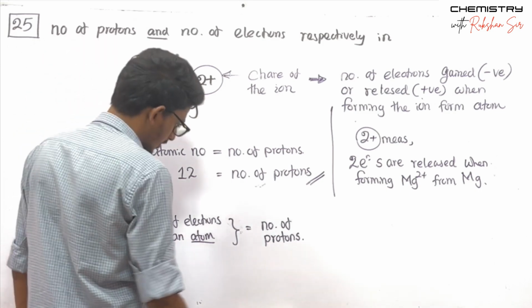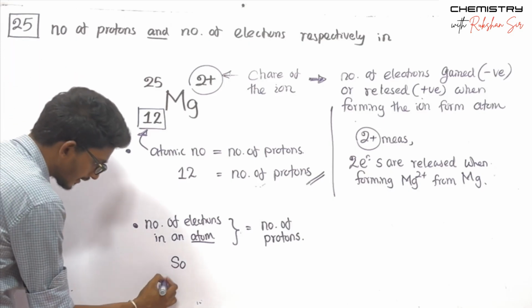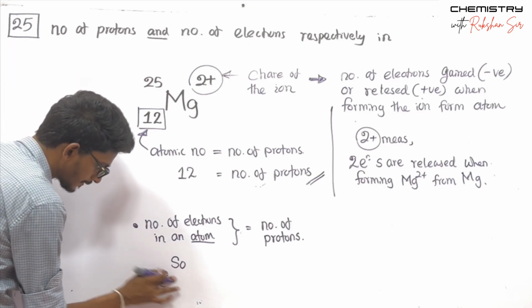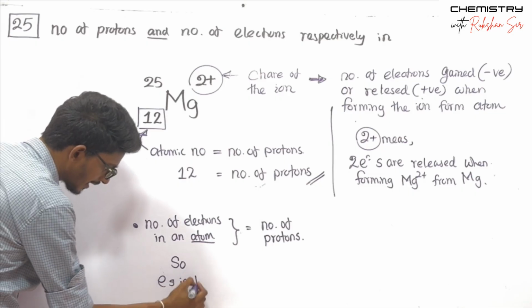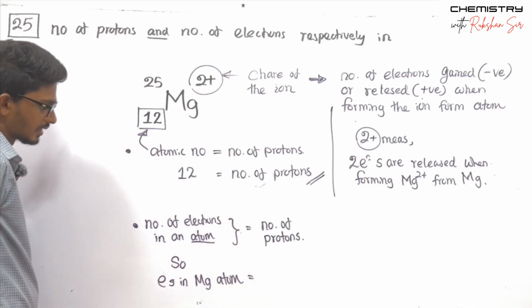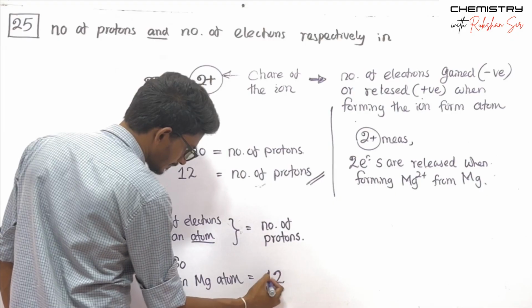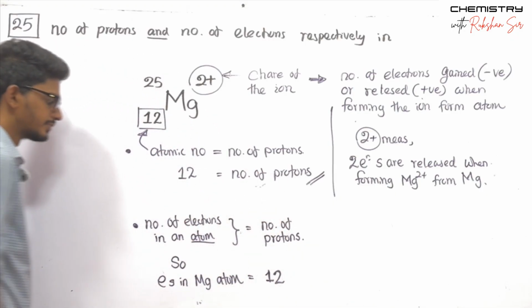So electrons in the magnesium atom is equal to 12, as the proton number is 12.